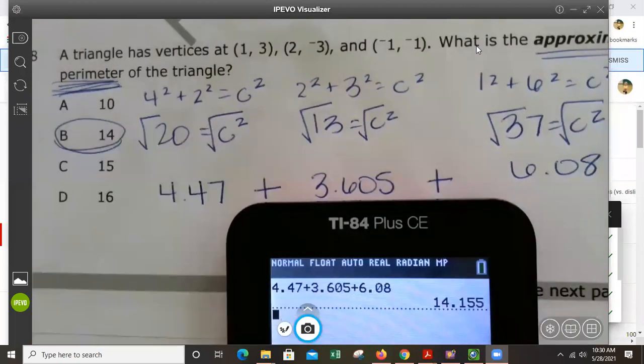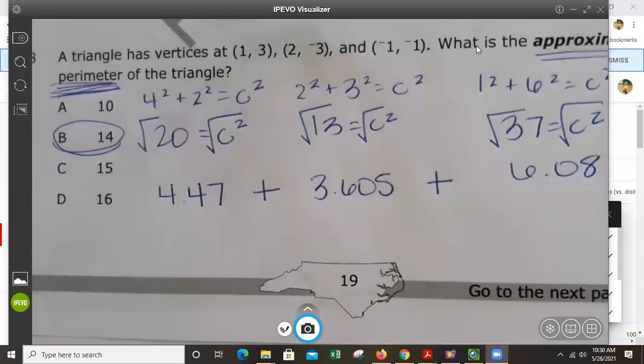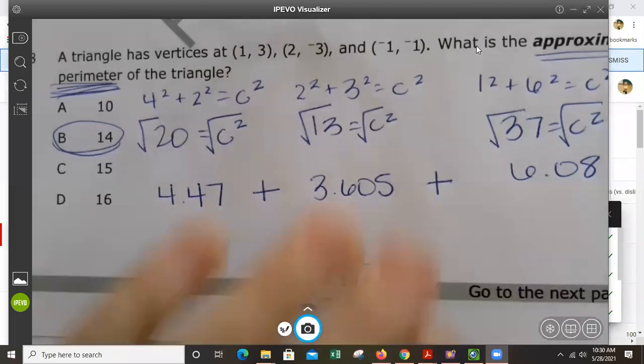It's 14.1. Did I good? All right, we did 29.